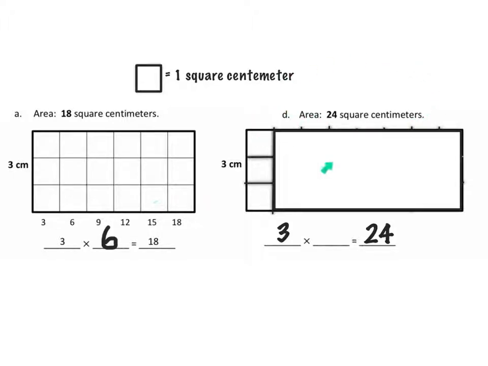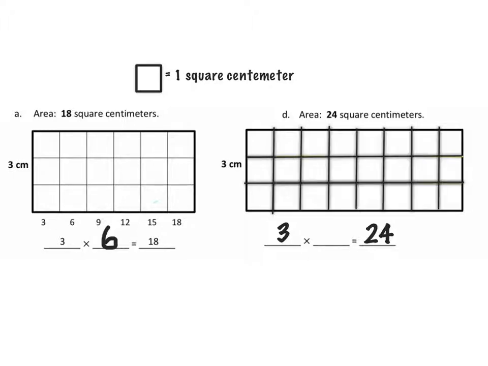In the second example, all we are given is that we have 3 centimeters, and the total area is 24 square centimeters. So how do we arrange 24 into 3 equal groups or equal rows using our square centimeters? You can draw in your square centimeters, and then you are able to count your rows.